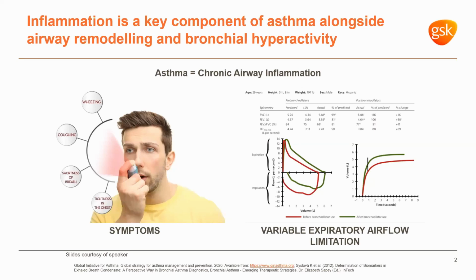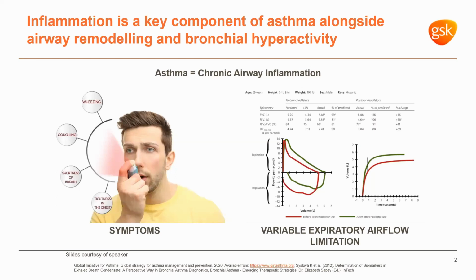In terms of variable expiratory airflow limitation, we can confirm that by using spirometry, comparing pre and post bronchodilator FEV1. If in your klinik kesihatan you don't have a spirometry machine, you can use alternative tests, which include the peak flow meter. Either you do pre and post peak flow meter, or you can use an asthma diary, looking at the symptoms and the diurnal and variable PEF reading over 2 weeks.